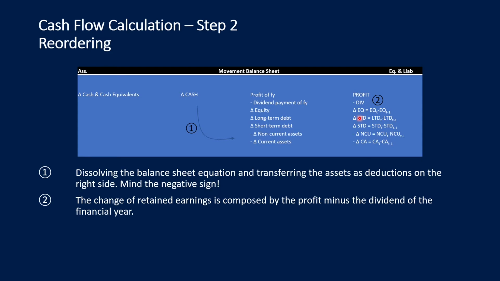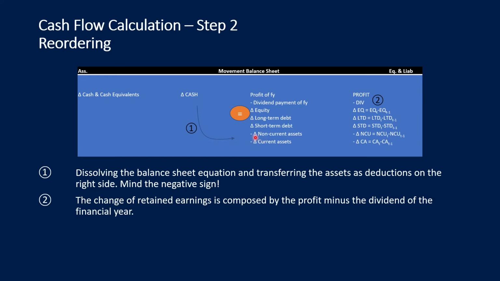The next step, the second step, is reordering. If we assume the whole balance sheet as an equation, we would have an equation sign in the middle. And of course, we can reorder equations by subtracting certain items on both sides. And this is what was done here with the delta of non-current assets and with the delta of the current assets. So they swapped the side from the asset side to the equity and liability side.